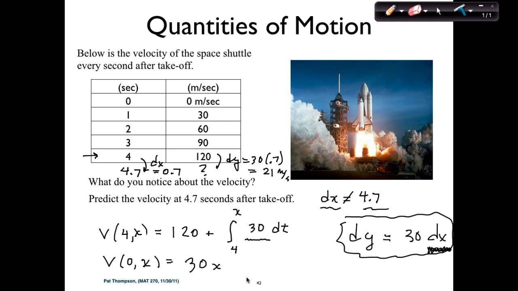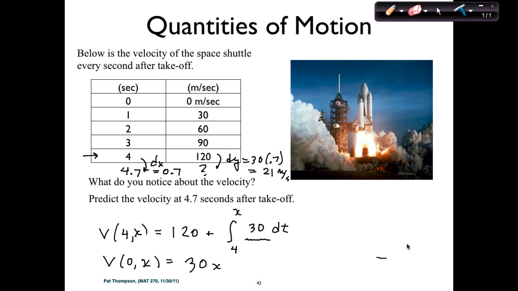Okay, so a big theme today is here are 2 functions, and these 2 functions have different forms. They're both velocity functions. One difference, of course, is this one starts at 4, this one starts at 0, but that's not the difference I want to focus on. The difference I want to focus on is this one.